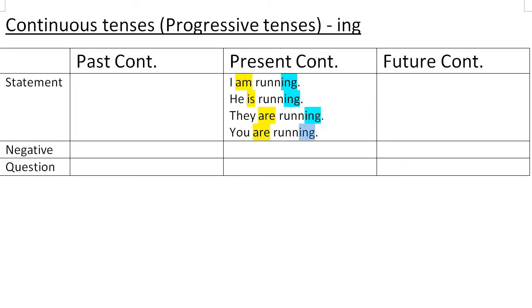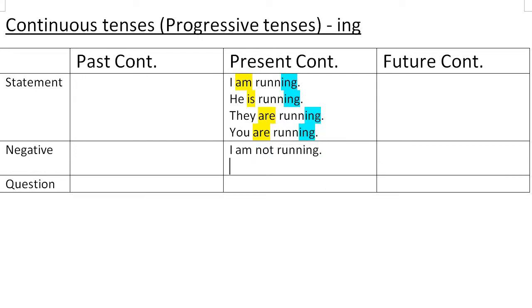You are running, okay? If we look at the negative of that, that's very simple. I am not running. All right, so you just add a not in there. Sometimes you can make a contraction out of that, where you say he is not running, which can then turn into he isn't running.